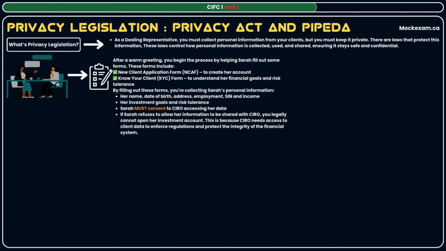It's obligated, mandatory, okay? Now, if Sarah refuses to allow her information to be shared with Zero, what will happen? You legally cannot open her investment account. This is because Zero needs access to client data to enforce regulations and protect the integrity of the financial system.